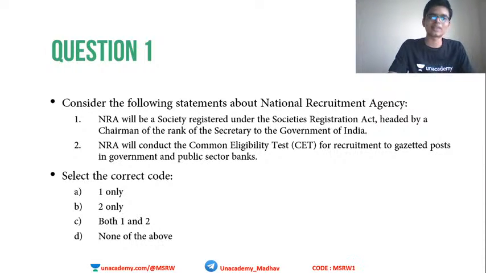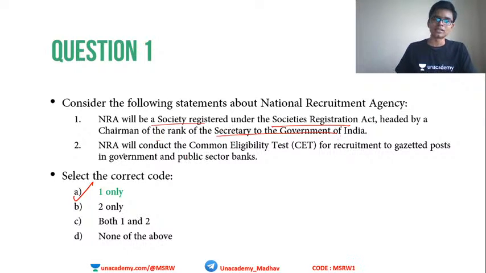The correct answer to question number 1 is option A, 1 only. Why? Because this is true. National Recruitment Agency will be a society registered under the Societies Registration Act, headed by the chairman of a rank of Secretary to Government of India.